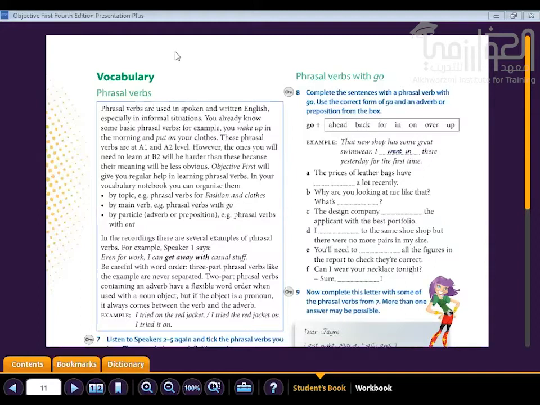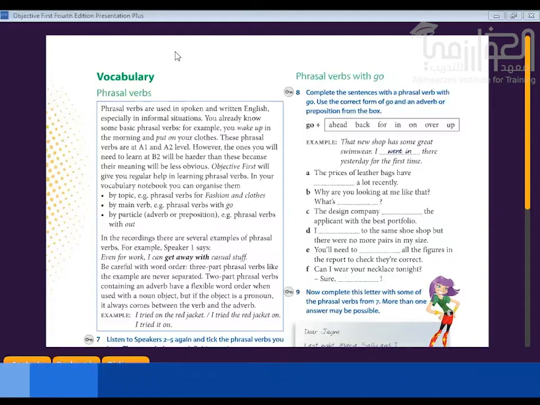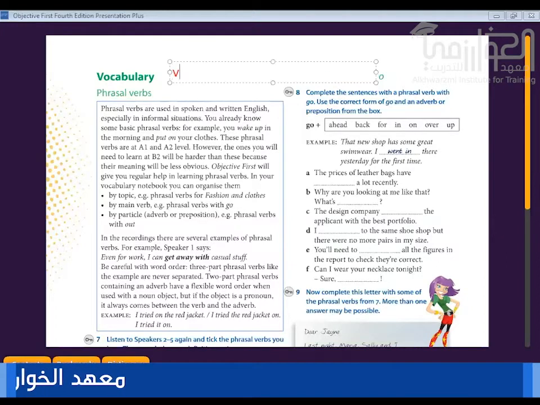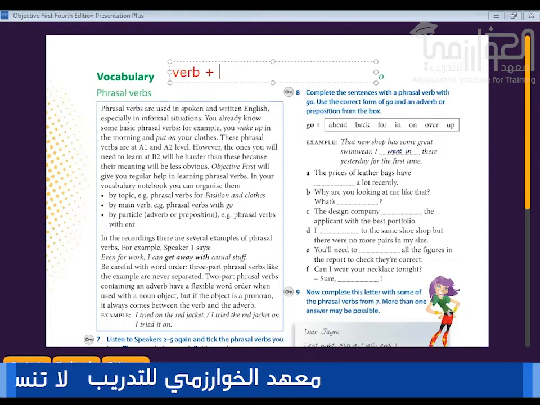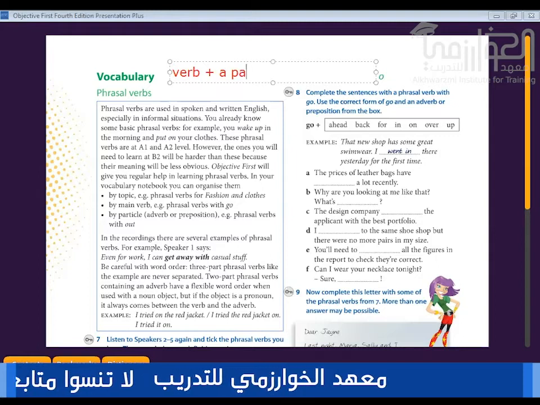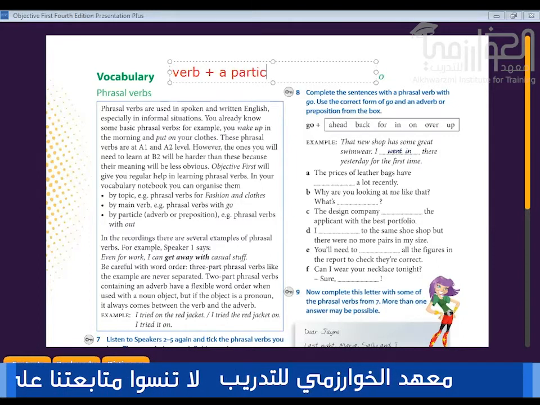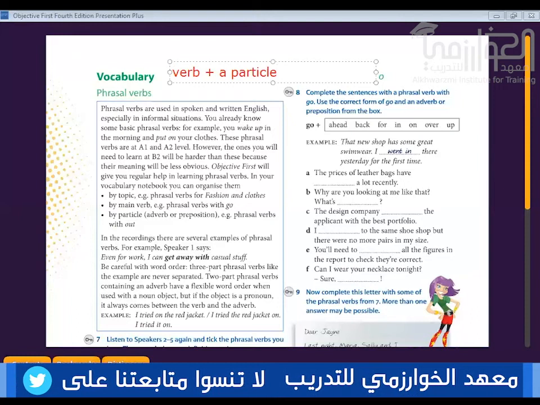We normally have a verb, and this is how they are made up. We normally have a verb with a particle. So we have a verb, and then with what we call a particle. I will explain what a particle is.